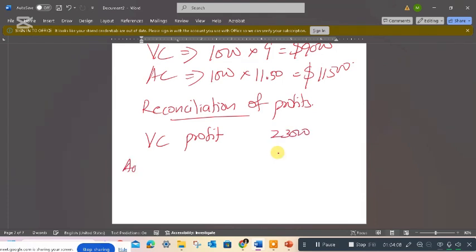Then increase in finished goods stock multiplied by fixed manufacturing overhead per unit, or you can say standard, expected. Increase in stock.